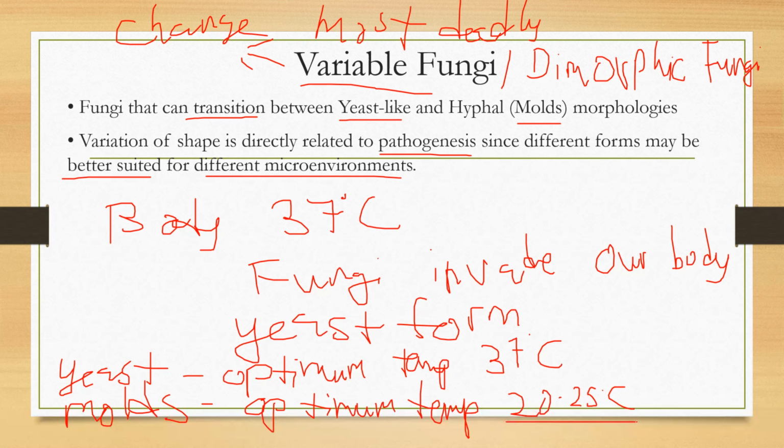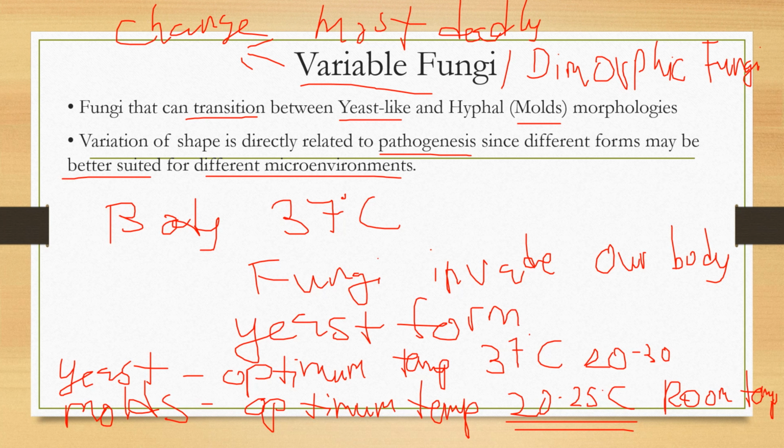And this 20 to 25 degrees centigrade, in different books, is about 20 to 30, but let's use the 20 to 25. For 20 to 25 degrees centigrade, this is also known as your room temp.